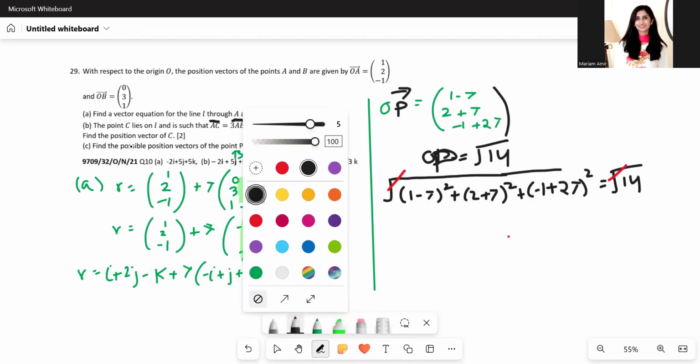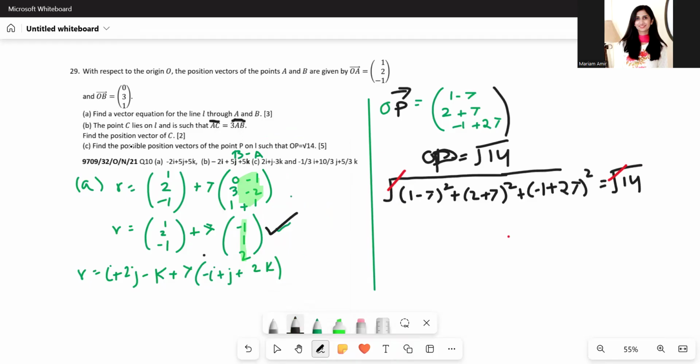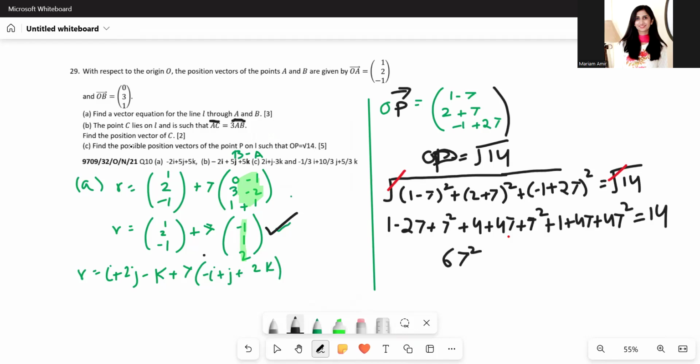Okay. So now we're going to apply the identities (a minus b) whole square and (a plus b) whole square. It will become 1 minus 2 lambda plus lambda square, plus 4 plus 4 lambda plus lambda square, plus 1 plus 4 lambda plus 4 lambda square, equals 14. 4 and 1 is 6 lambda square, and then 4 plus 4 is 8, minus 2 would be plus 6 lambda, and then 1 plus 4 plus 1 is a 6. 6 minus 14 is minus 8, equals 0.